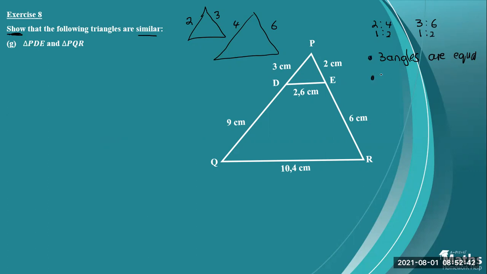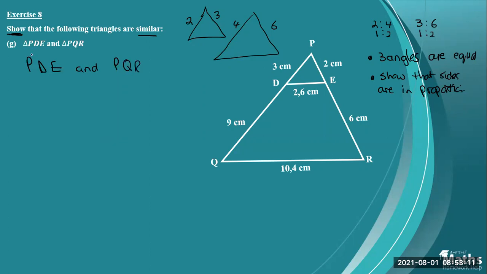So with this one, we're just going to show that the sides are in proportion. So they specify here that we must work with triangle PDE, and we must work with triangle PQR.